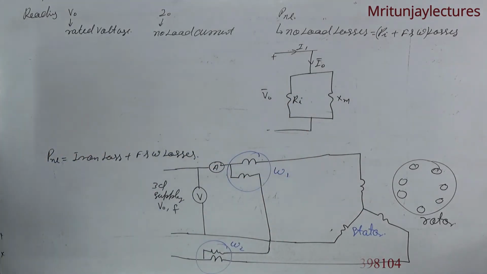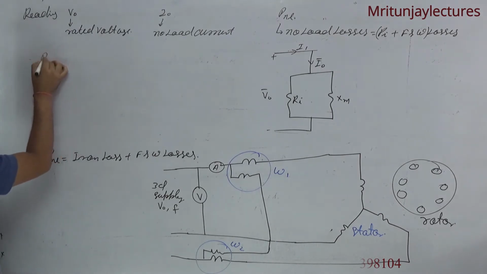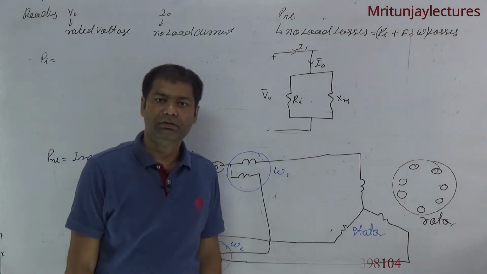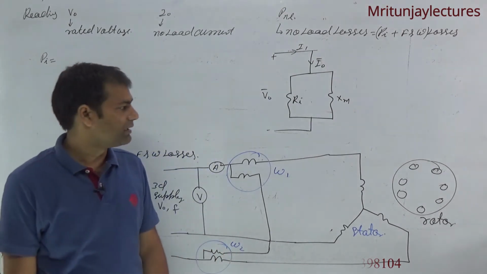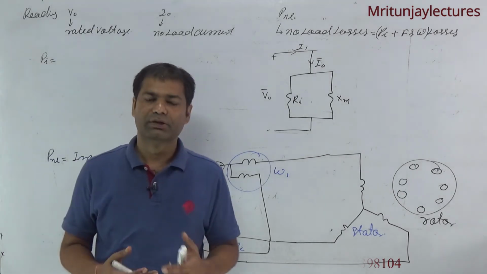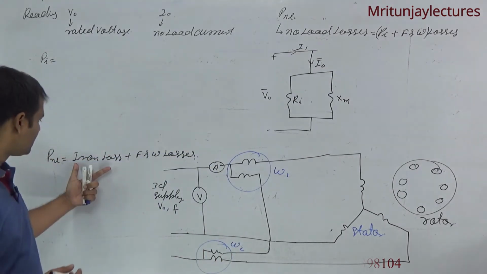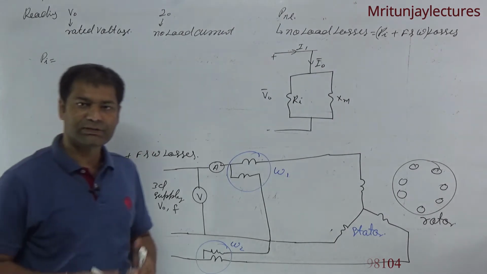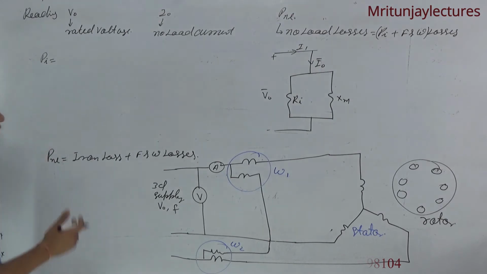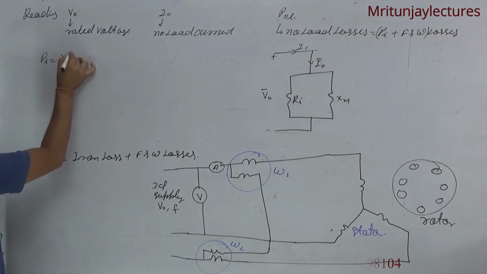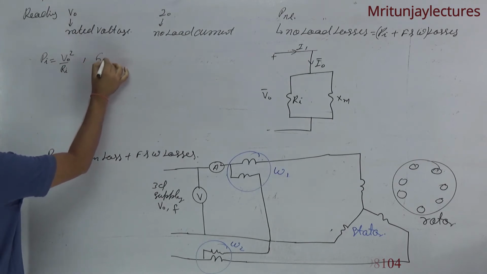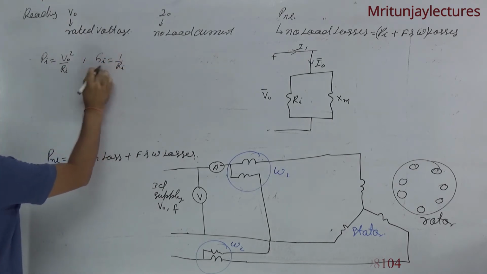So if by any method we have determined the friction and windage loss, or you can say we separate the two losses, Pi and friction and windage loss, then if you get Pi, Pi is equal to V squared divided by Ri. So finally we got Ri, and with the help of Ri we got Gi.